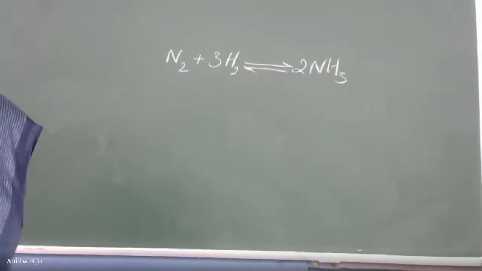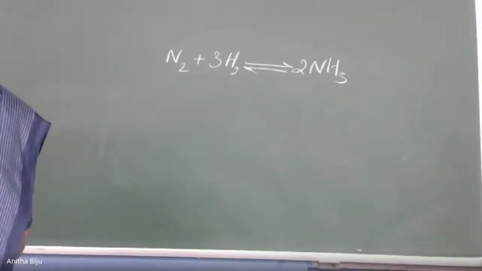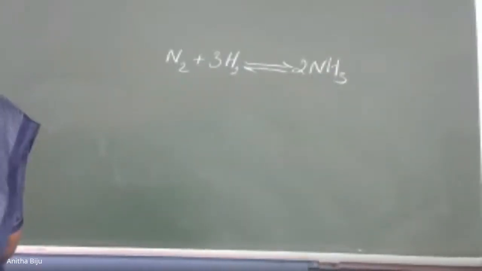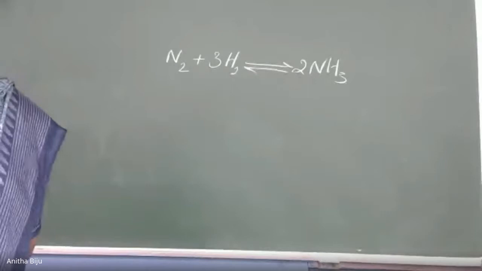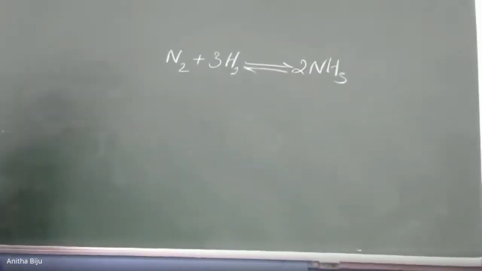Have you completed? Mention D in the chat box. Understood my question? Write the expression of rate of the chemical reaction in terms of reactants and product. How to write rate of the reaction? Okay. No one has completed till now.